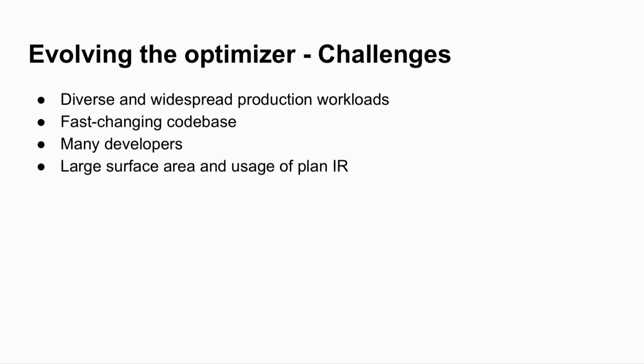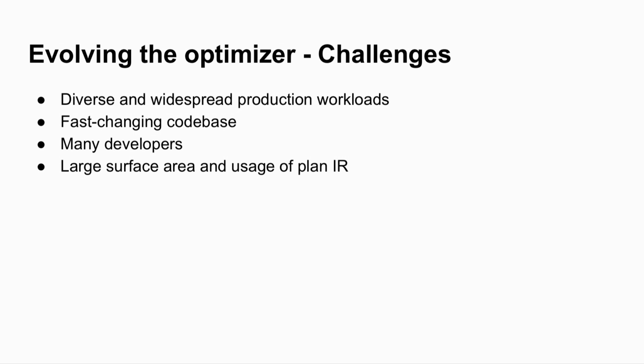We can't do just a big bang swap of any major component. So it's a challenge of how to make fundamental changes and at the same time make them incremental. We're going to talk a bit about that. This is made even more challenging by the fact that when changing the optimizer, we're touching internal APIs that have a very large surface area.